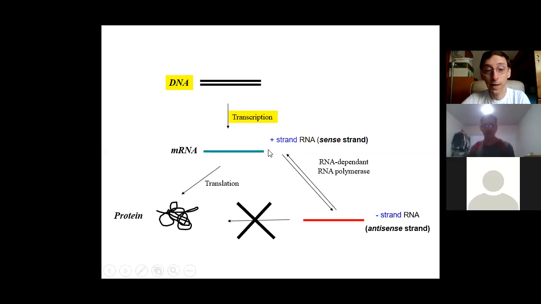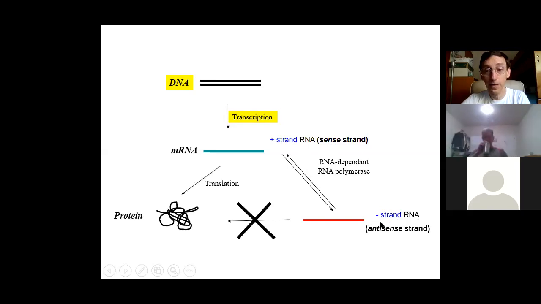That positive strand RNA can then be used to replicate more negative strand RNA genome of the virus. So if you have this strand, you make that strand, then you use this strand to make more of this strand.